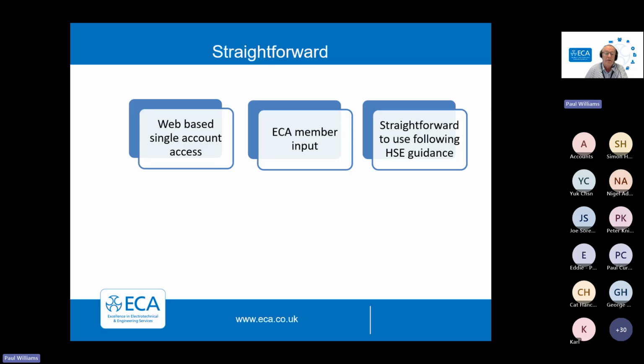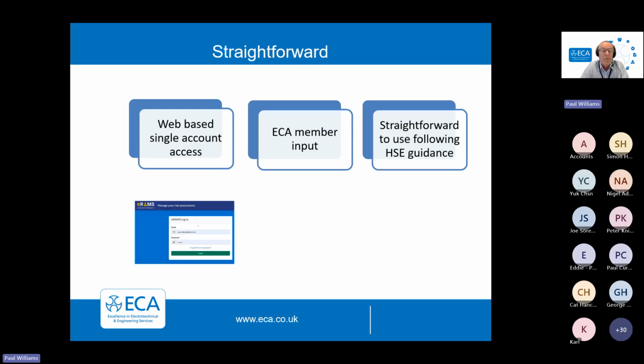So first of all, it's straightforward. It's a web-based, web-enabled piece of software, and there's a single account. So if you're an ECA member, you have one account where you access all your RAMS. What you can also do is create the sign-ons. So if, say, you have 2 or 3 project managers, they can have their own sign-on, but everybody sees all the RAMS.